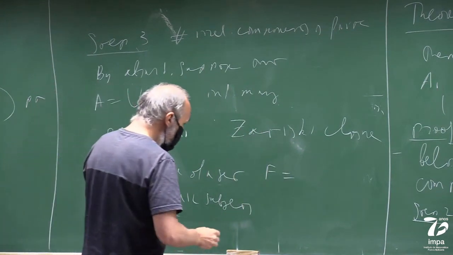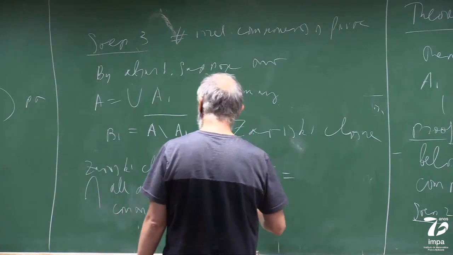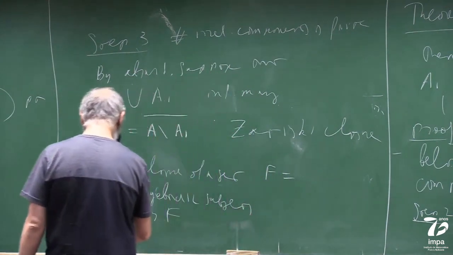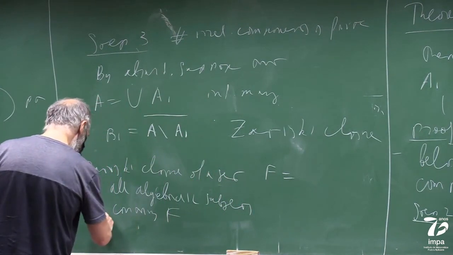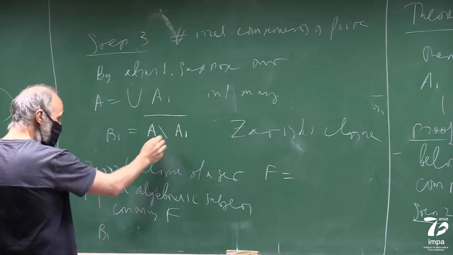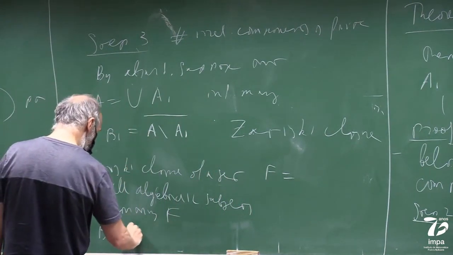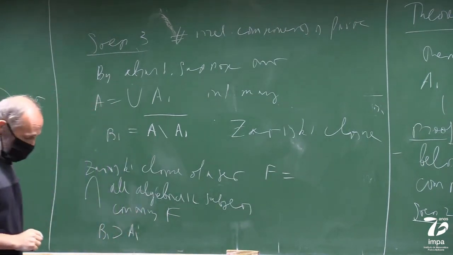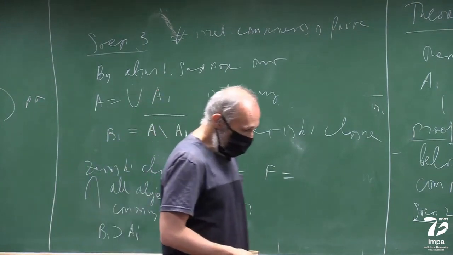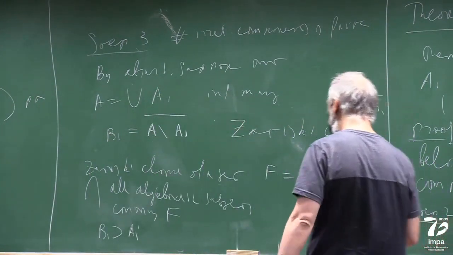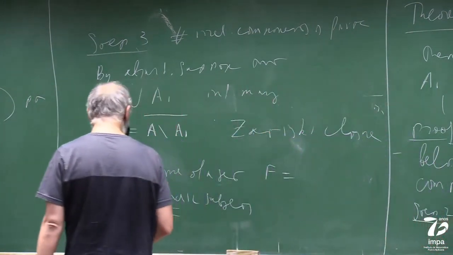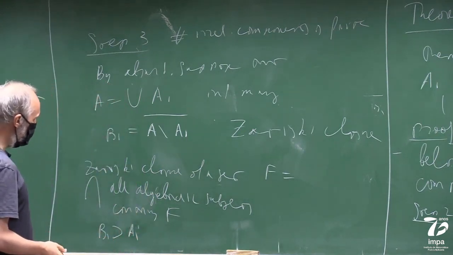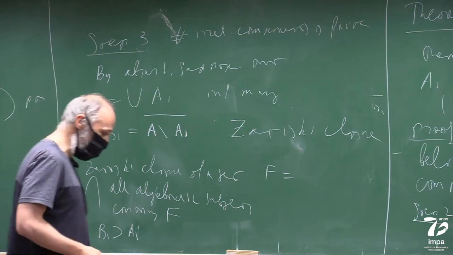Okay, and I claim that the Zariski closure of BI doesn't contain AI. This is because otherwise AI would belong to the union of the rest.